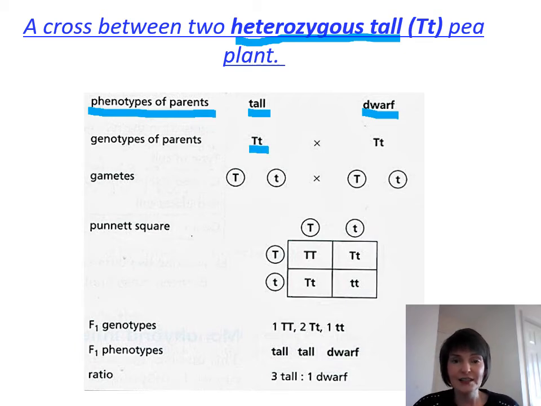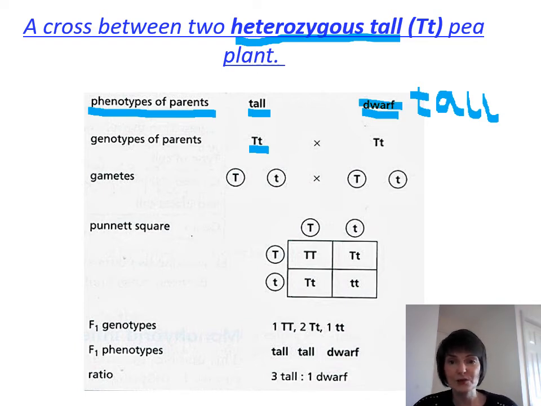And, hold on a minute. Pause. Okay, now I don't know if you've spotted the error, but we are just going to score this out because that should actually be tall, because we are told it is a cross between two heterozygous tall pea plants.